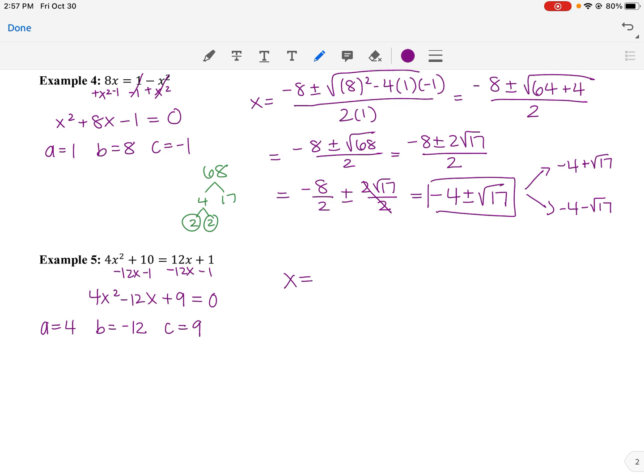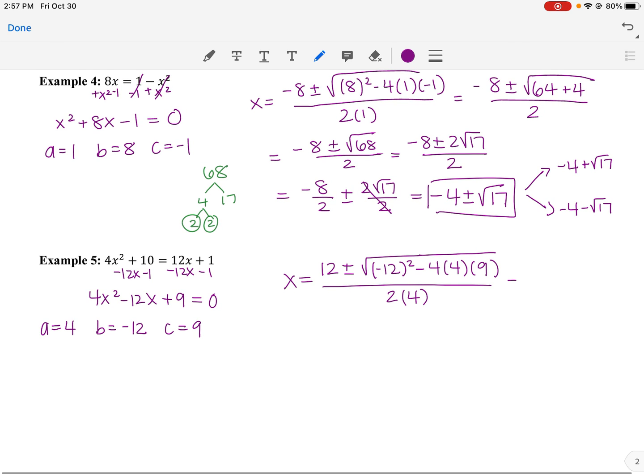So x equals -b. So this time we're taking a negative of a -12, so it's really a positive 12, plus or minus the square root of -12 squared minus 4 times 4 times 9, all divided by 2 times 4.